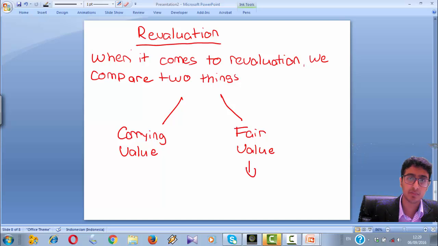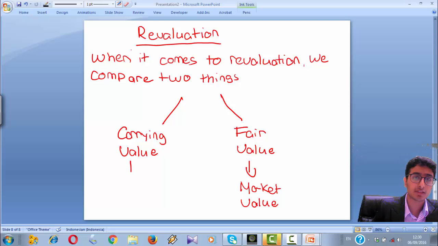Fair value simply means the market value. This means if I want to buy this same type of asset today, it will cost me a certain amount. This is what I call fair value or market value. And carrying value is what we discussed earlier: cost minus accumulated depreciation.